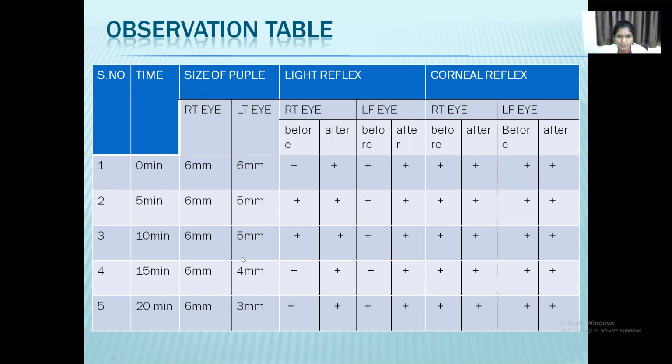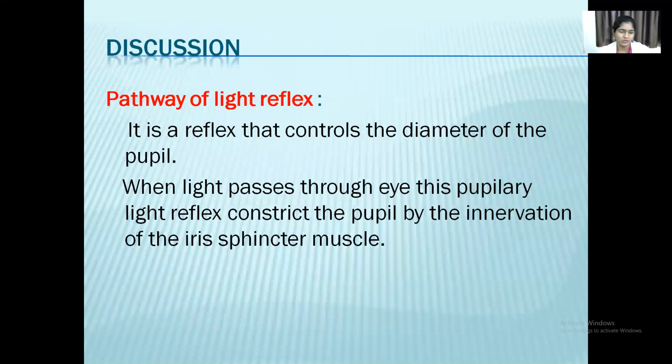So it causes miosis because it acts on M3 receptors which are present in the eye. So this discussion part also you have to write in your records.